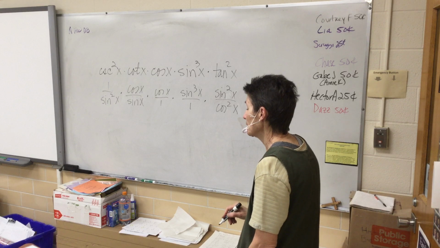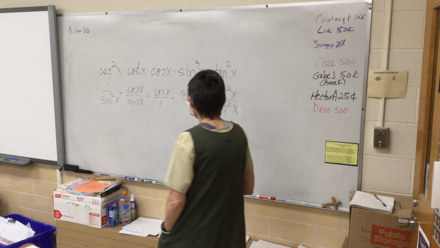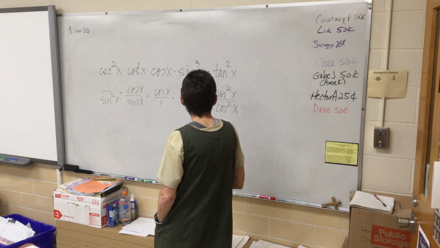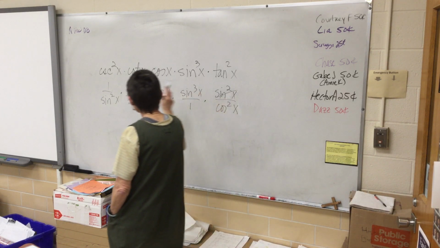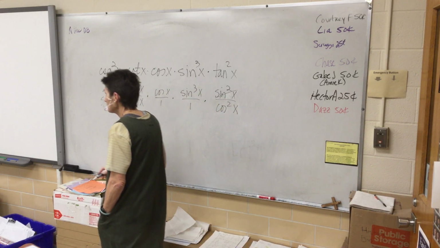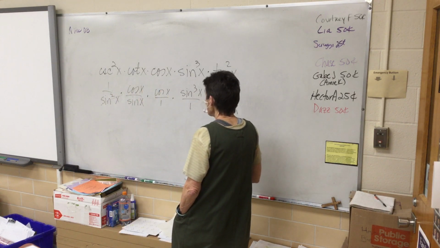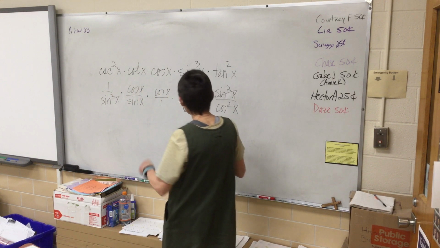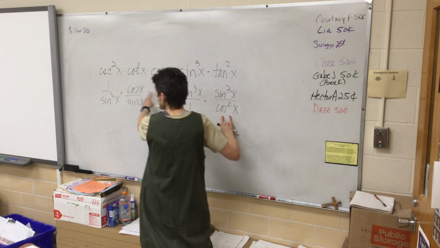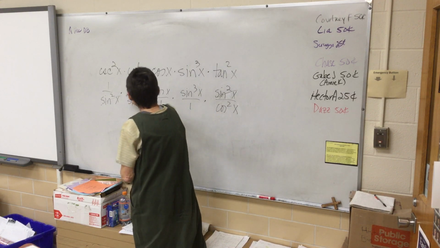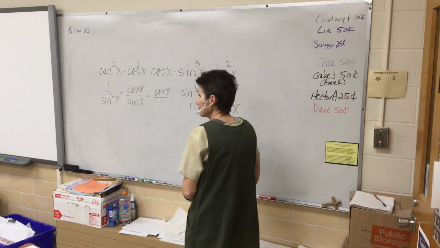Okay? Now, what cancels? Well, let's see. I have a sine squared here and a sine squared here. You can cancel in any order. Now, look here. You've got cosine squared on the bottom, but you have 2 cosines here, so they'll cancel out completely, right?